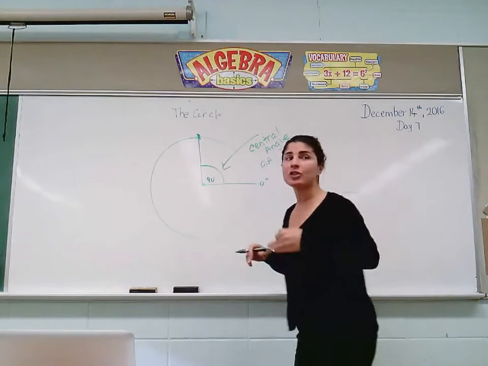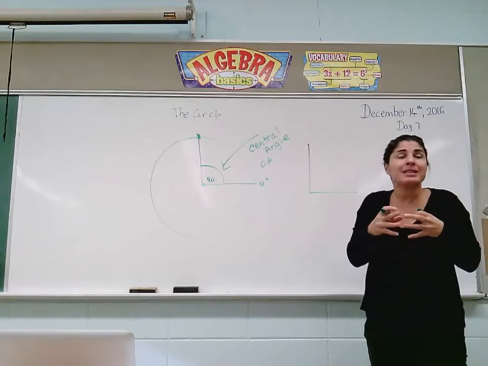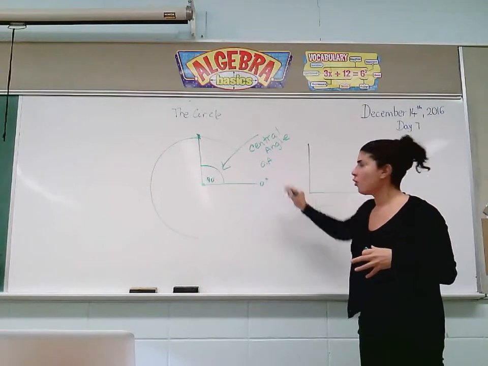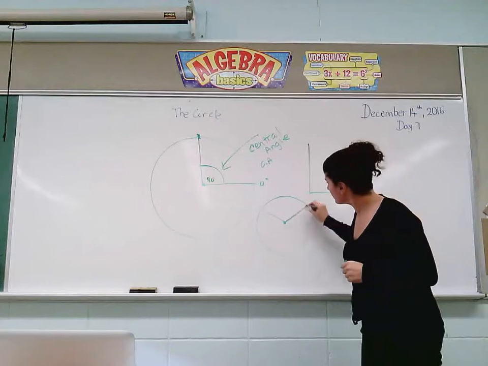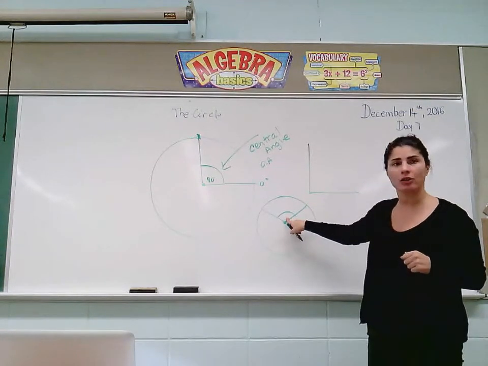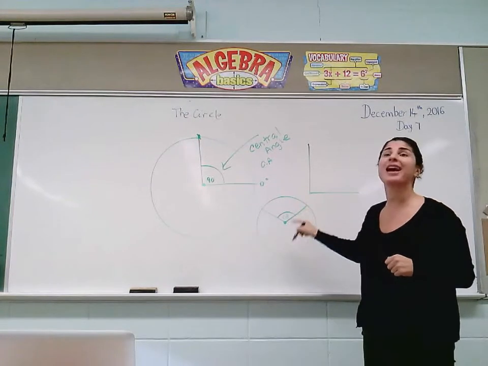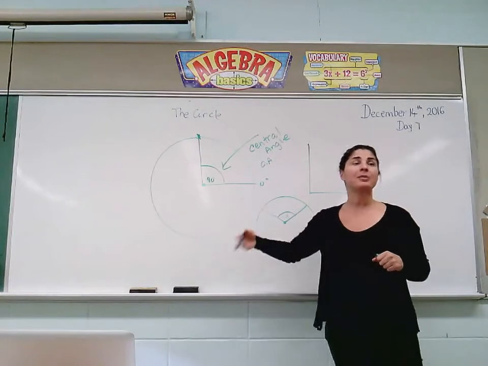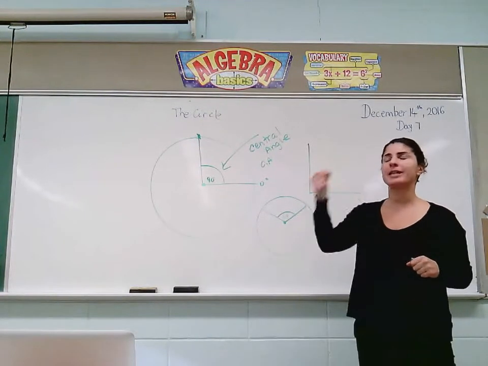When we see tests and quizzes and you see CA, this is the central angle. I usually give it to you, or I ask you to find the central angle of this circle. And that's going to come in a couple of lessons. So for now, just know that I call it central angle.